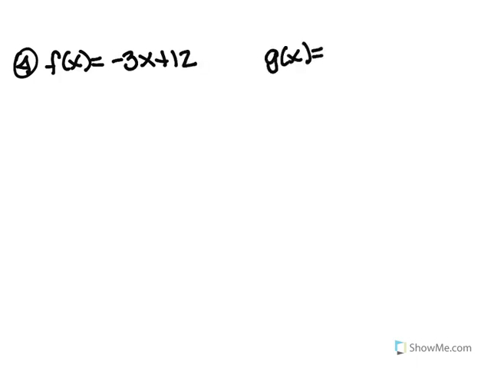Let's do another one. F of x equals negative 3x plus 12, and g of x equals negative 1/3 x minus 12.